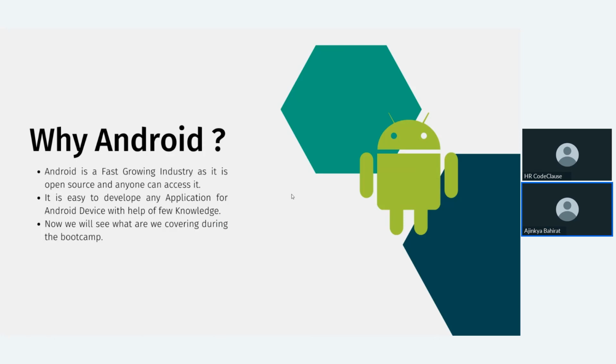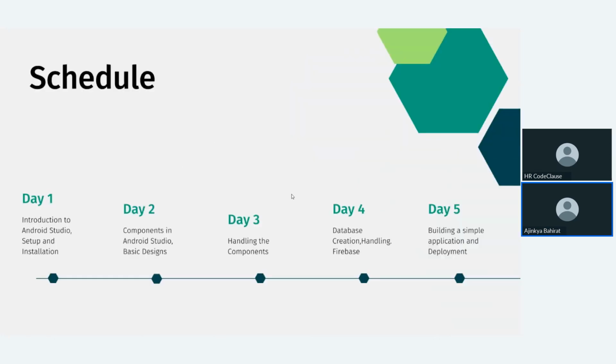So this is our 5 day schedule. On day one, like today, we are going to be introduced to Android Studio as well as setup and overall installation. In day two, we are going to see the different components available in Android Studio as well as the design parts.